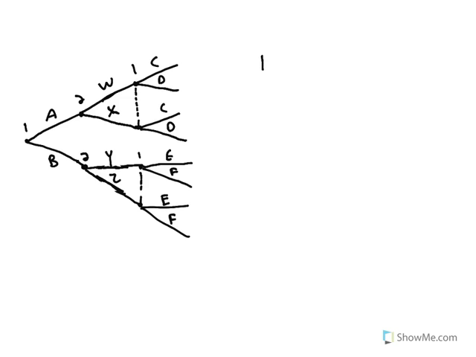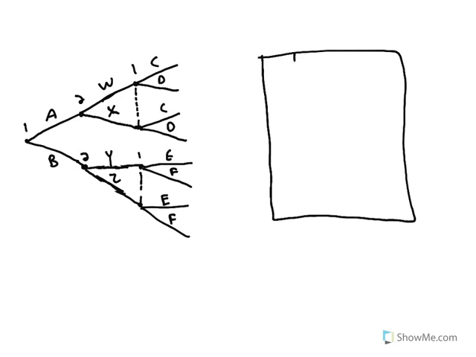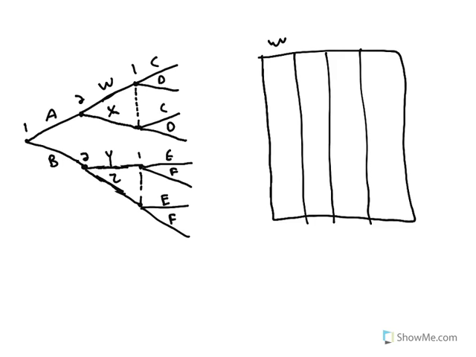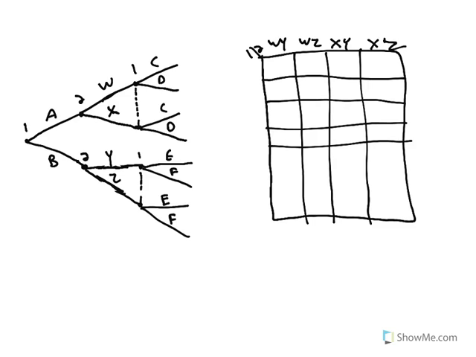All right, so it's going to be a big game. 8 by 4. W, Y, W, Z, X, Y, X, Z. 1, 2, 3, 4, 5, 6, 7, 8.